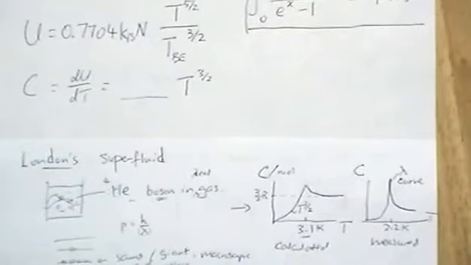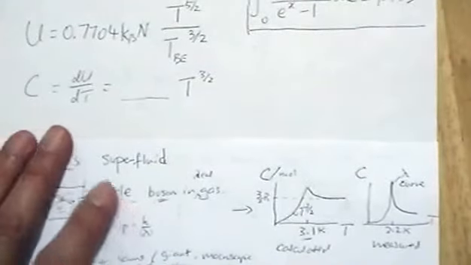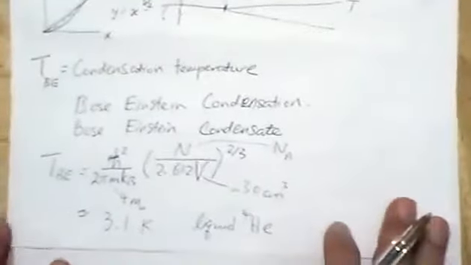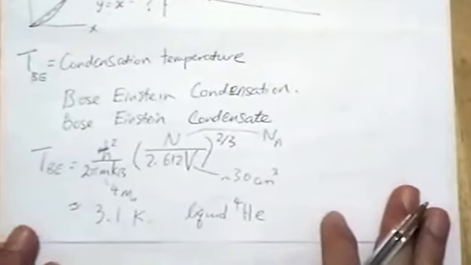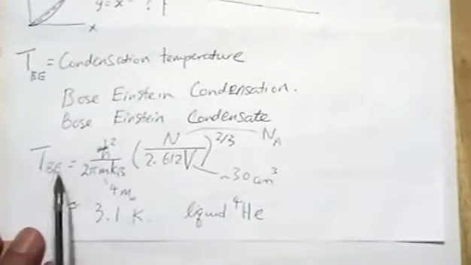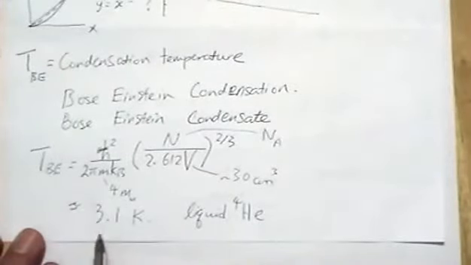Now, that number looks familiar. If you remember the result I've written down for the condensation temperature earlier on, I wrote down 3.1 Kelvin.